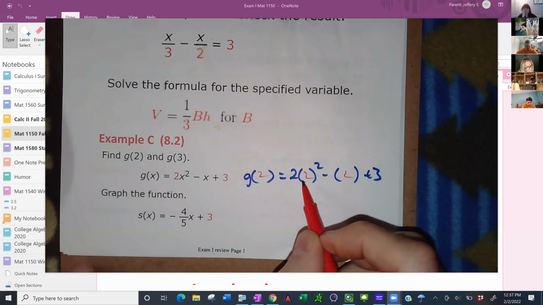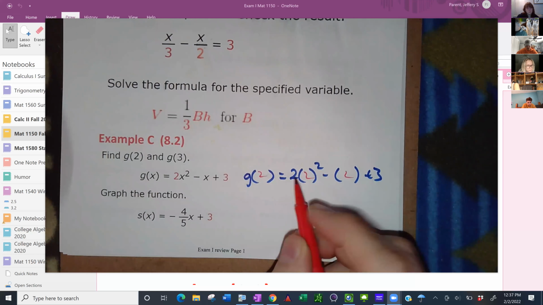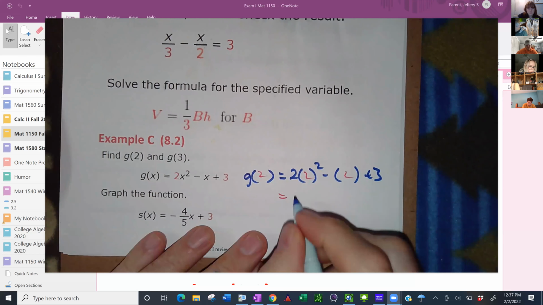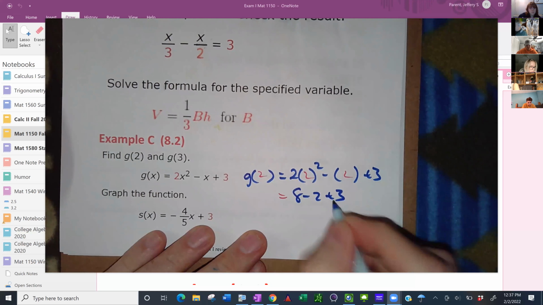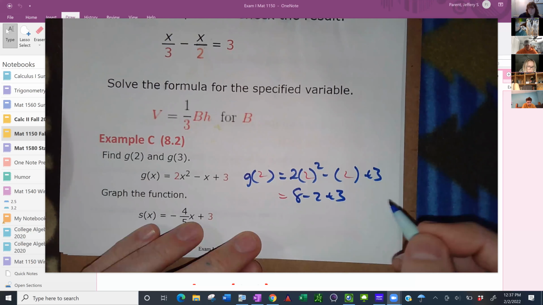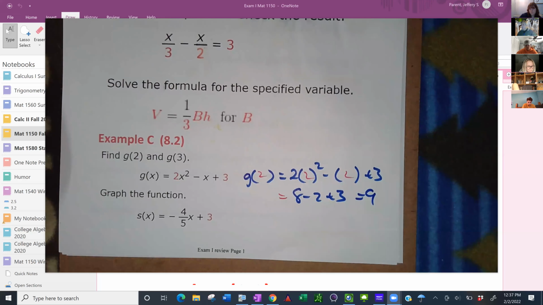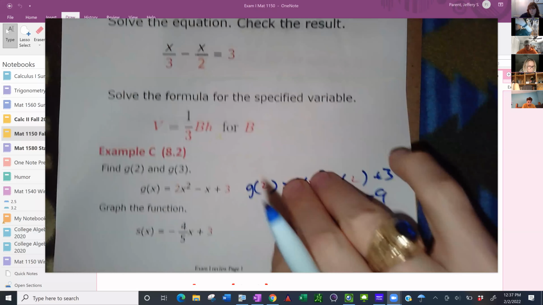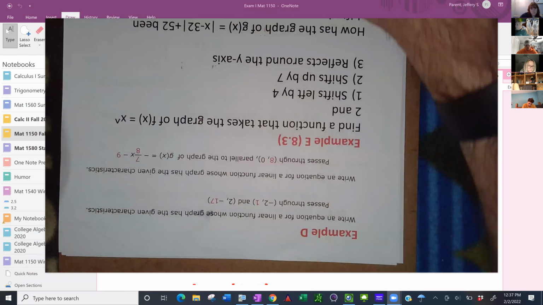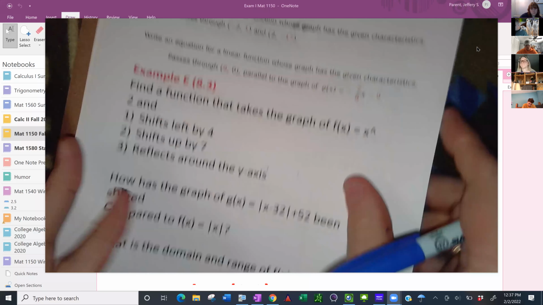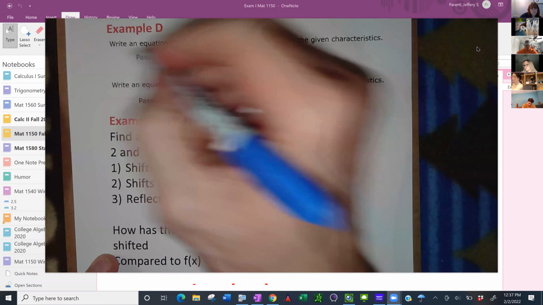So 2 squared is 4 times 2 is 8. So it'll be 8 minus 2 plus 3 is 9. Nothing too big there. It's just asking that you know and understand that notation. We did these two, so we're good there.